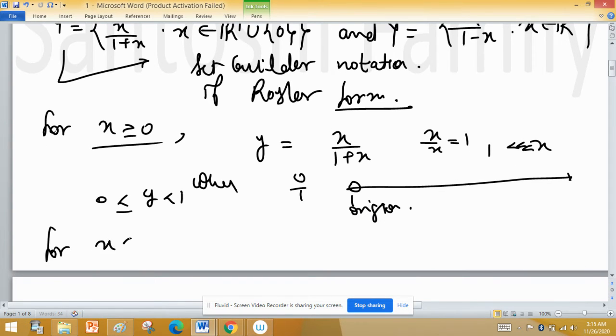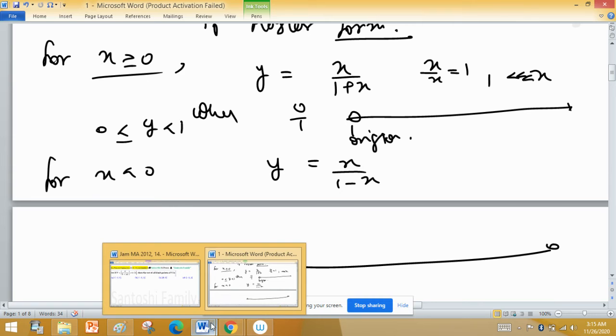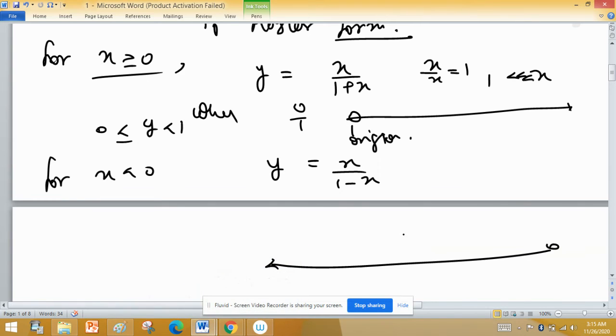Similarly, when x is negative, y equal to x upon 1 minus x. When you go far left from 0, the absolute value of x is much bigger than 1, so you can leave it.